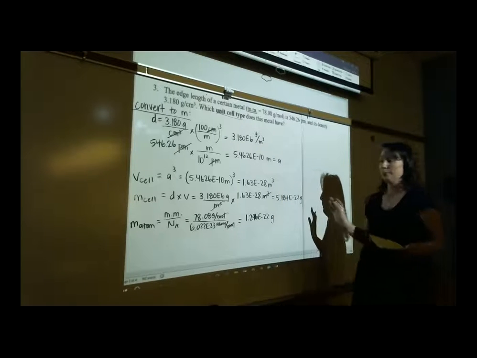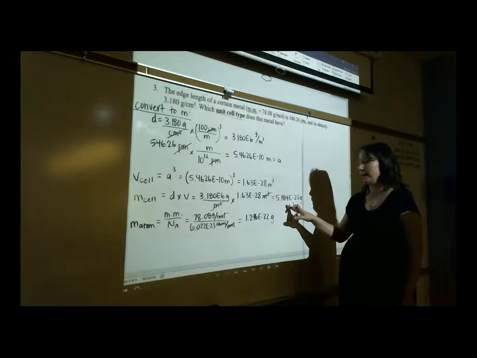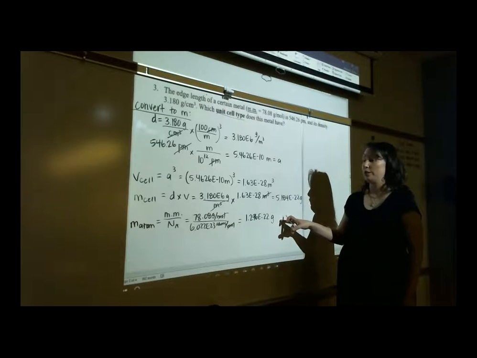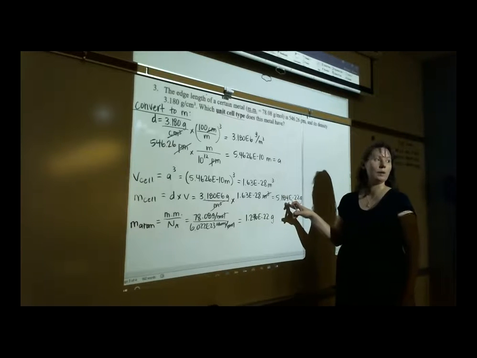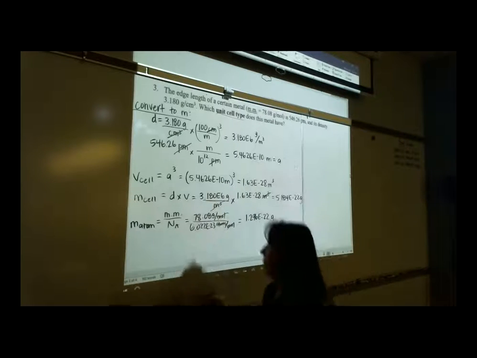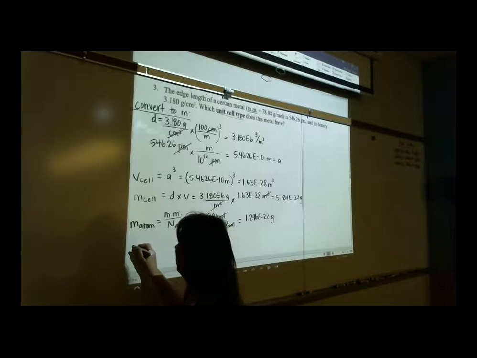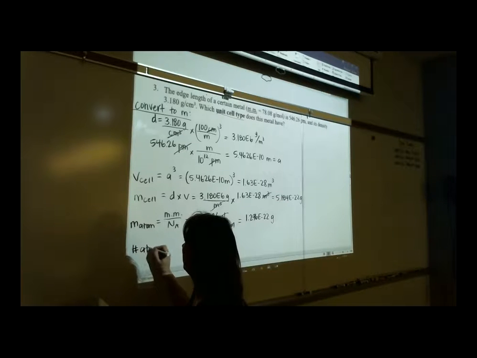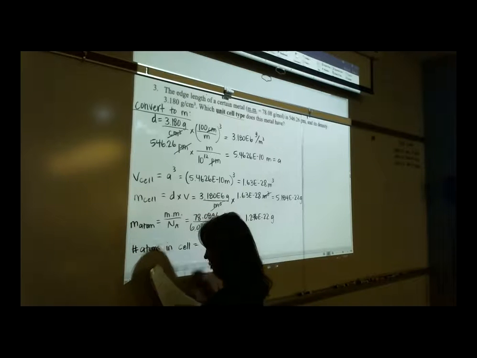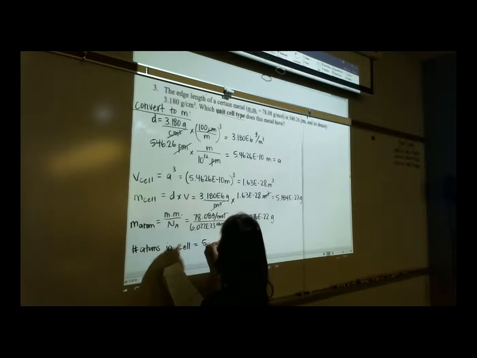And last step, we know the mass of the entire cell. We know the mass of an individual atom. So now we just need to figure out how many atoms fit inside one of these cells, right? So we're just going to divide these two. So number of atoms in cell would just be 5.184 times 10 to the negative 22nd divided by this.